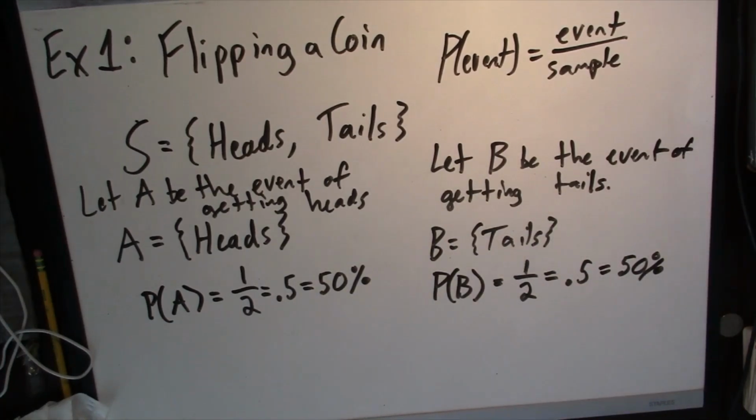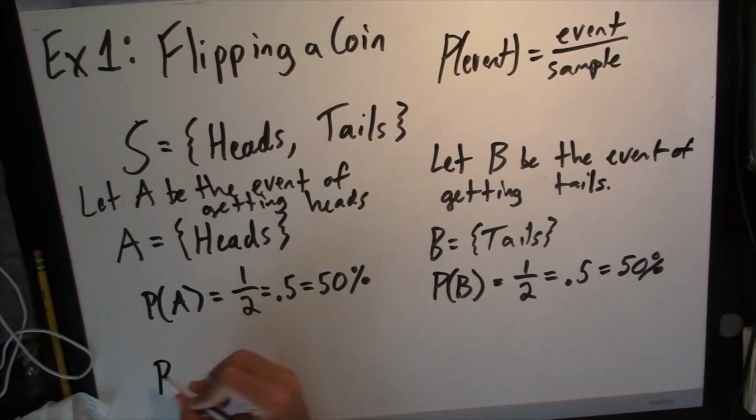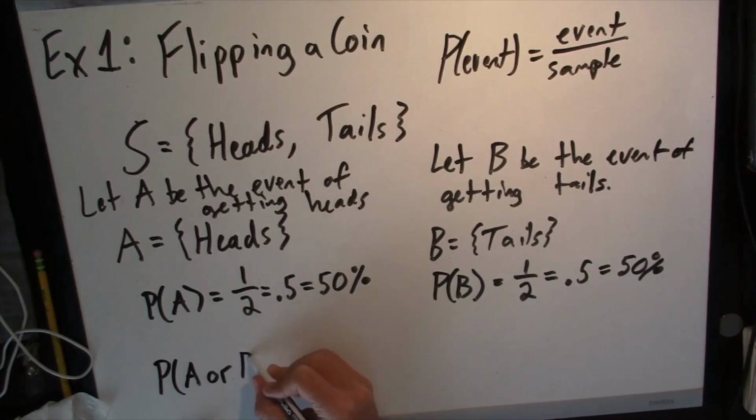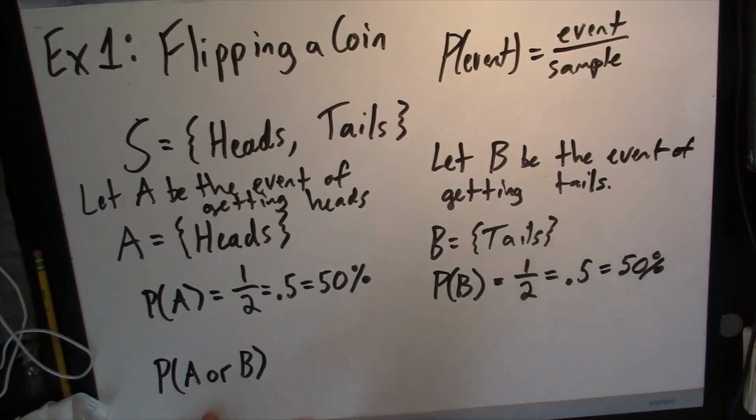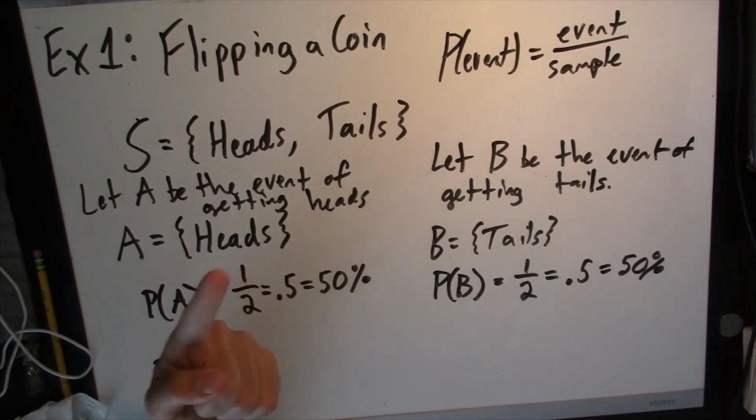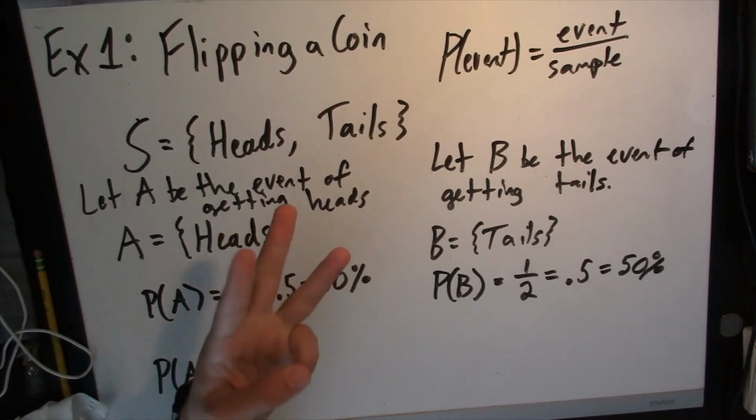Now we can also take this a step further and say, what is the probability of getting heads, which is event A, or getting tails, which is event B? Well, back to the last lesson, what operation went with OR? Well, we had three operations. We had intersection, we had union, and we had complement.